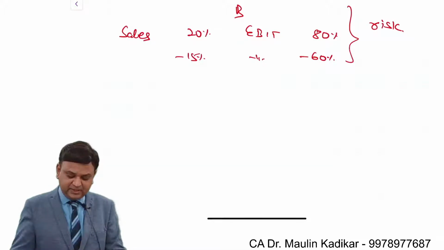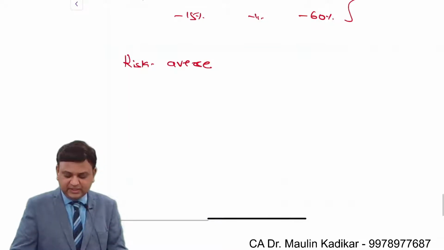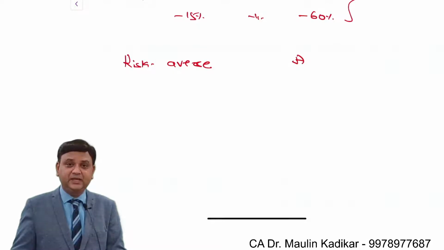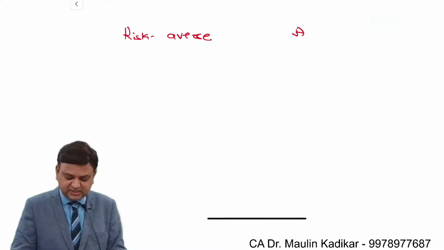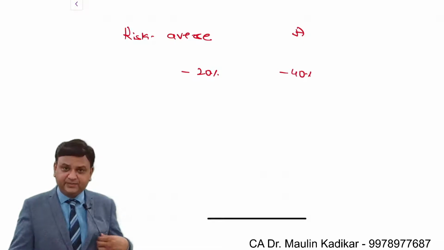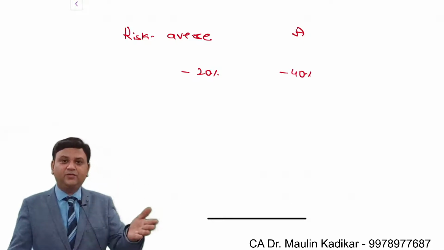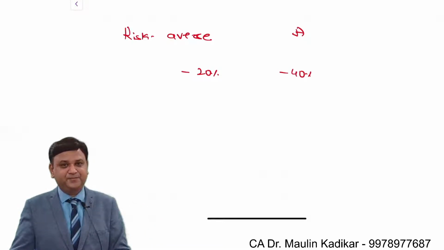And if the company is risk averse, then you should select plan A. If the sales reduces by 20%, your profit will decrease, but only at the rate of 40% instead of 80% in case plan B would have been selected.